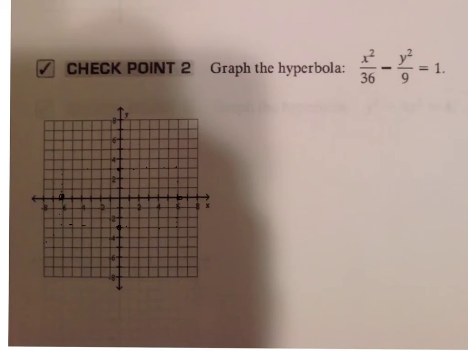Draw your diagonal asymptotes. And then draw your hyperbola. There you go. Let's look at the next.